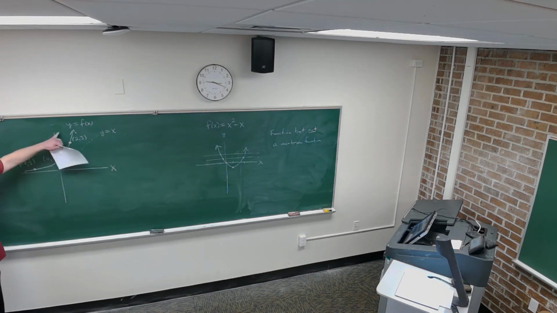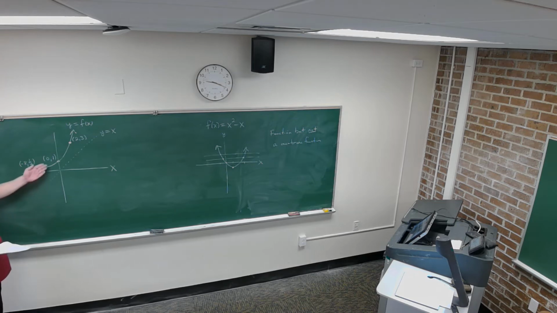The graph of the inverse function for f of x is reflected across that diagonal line y equals x. So the graph of the inverse function is a mirror image of the graph of the one-to-one function f of x across this line right here.